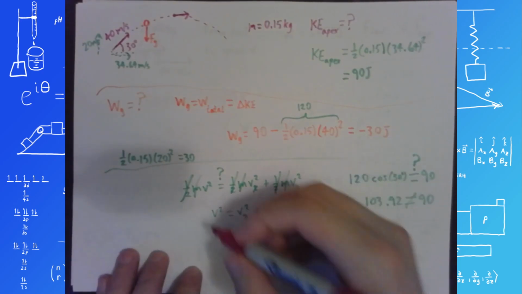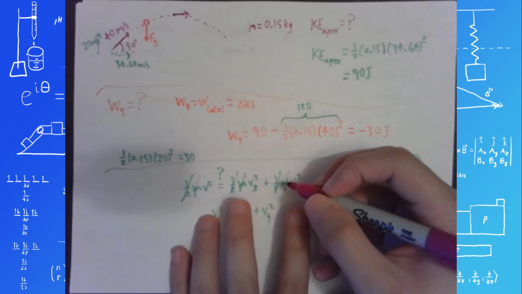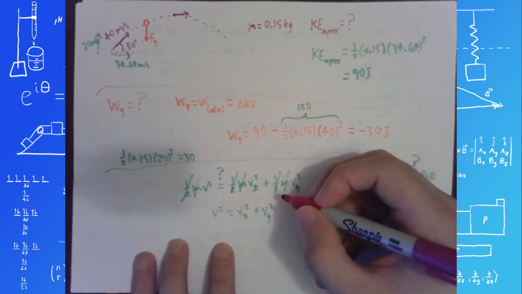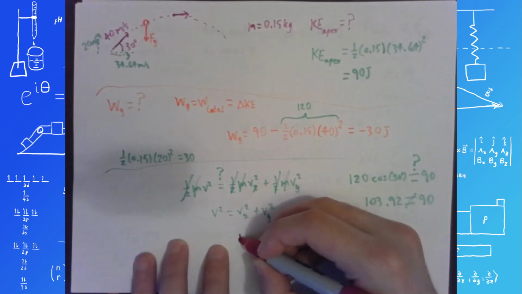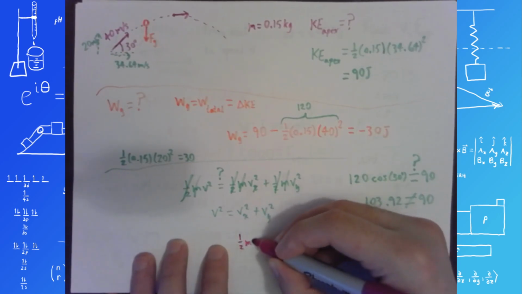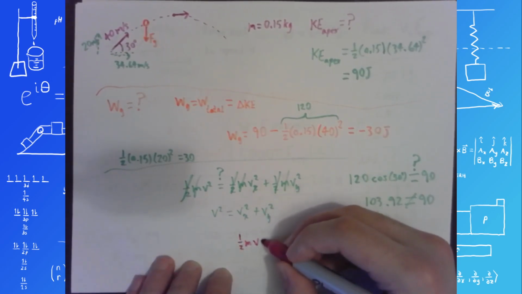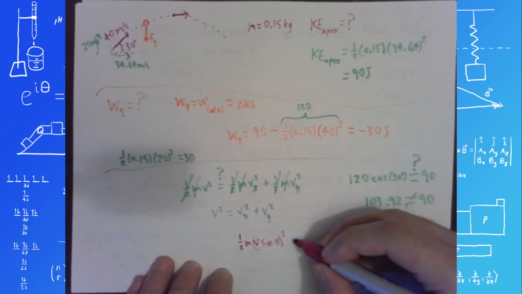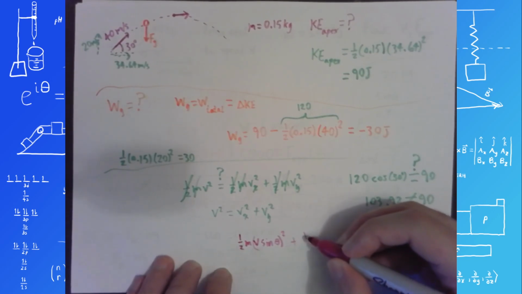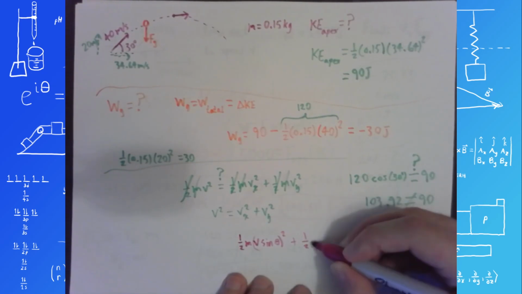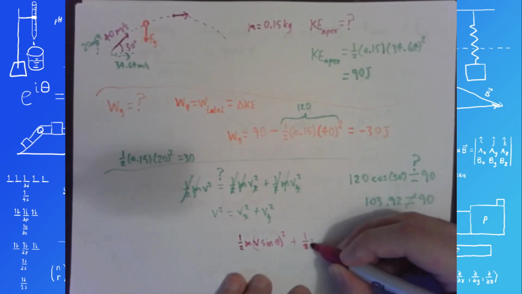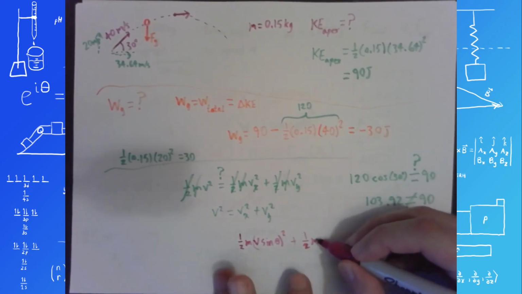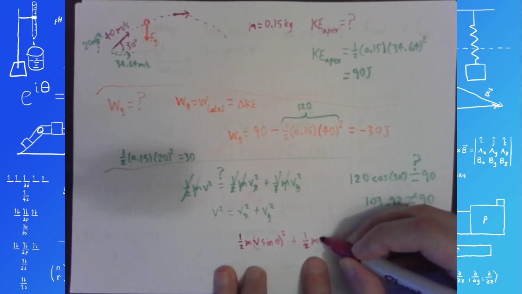Because if we calculate the kinetic energy from each component separately, then what I would be doing is 1/2 m v sine theta squared plus, or actually no, the x component is cosine, but that's okay. Addition is commutative, so we can add the vy squared first. 1/2 m vy squared plus 1/2 m vx squared.